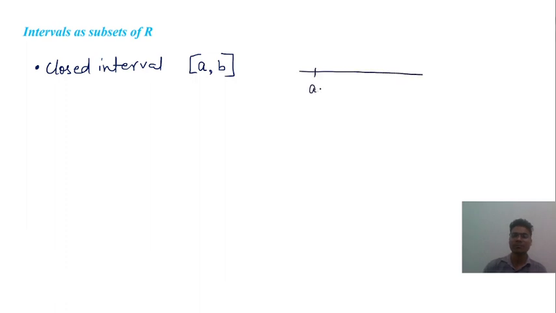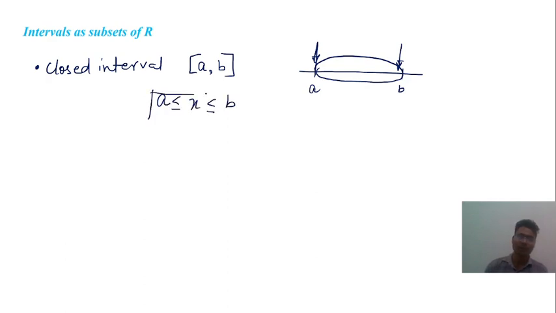It means that between A and B you take everything, and you also take A and B. So it means A is less than or equal to x and x is less than or equal to B.